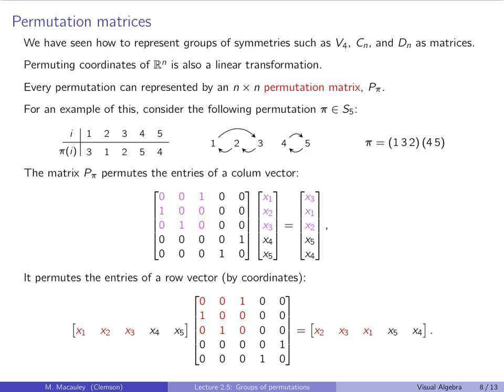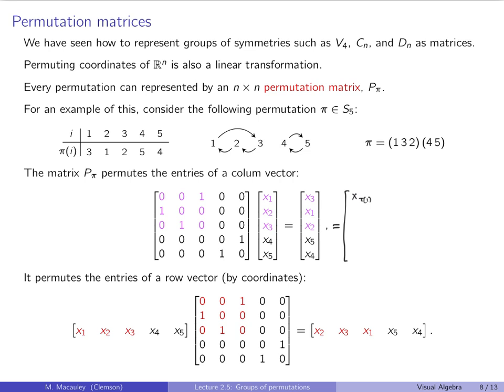So notice that this permutation is different from this one. Think about how these are different. I claim that they are inverses of each other. I don't have a slide typed up of this, but I'm going to write it down because I think it's important. If I want to write down a formula for this pi, and I think you can see how it will generalize, this x3 is x of pi 1.